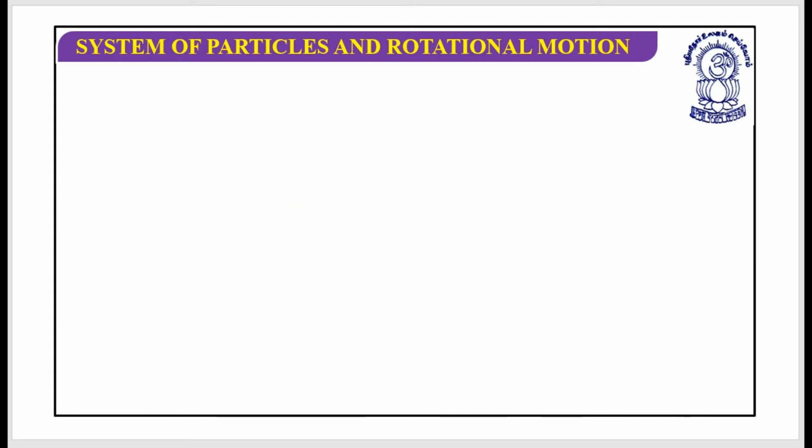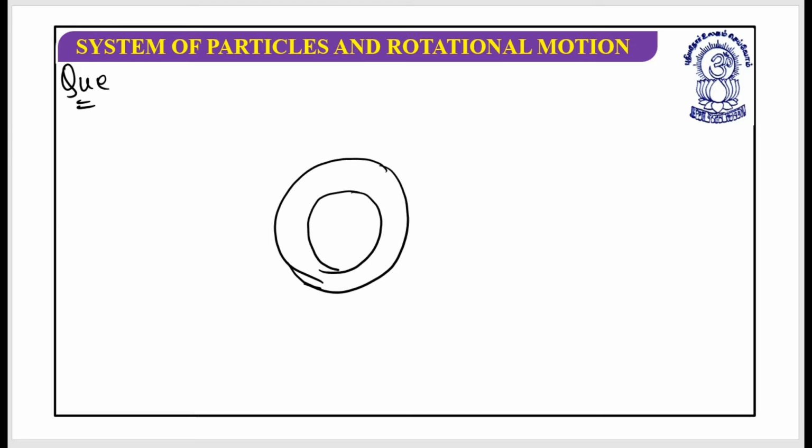Great. Now this is one question for you guys to try yourself at home. So the situation is, let's suppose this is a circular ring. This is its center. It is a ring having mass m, radius r.